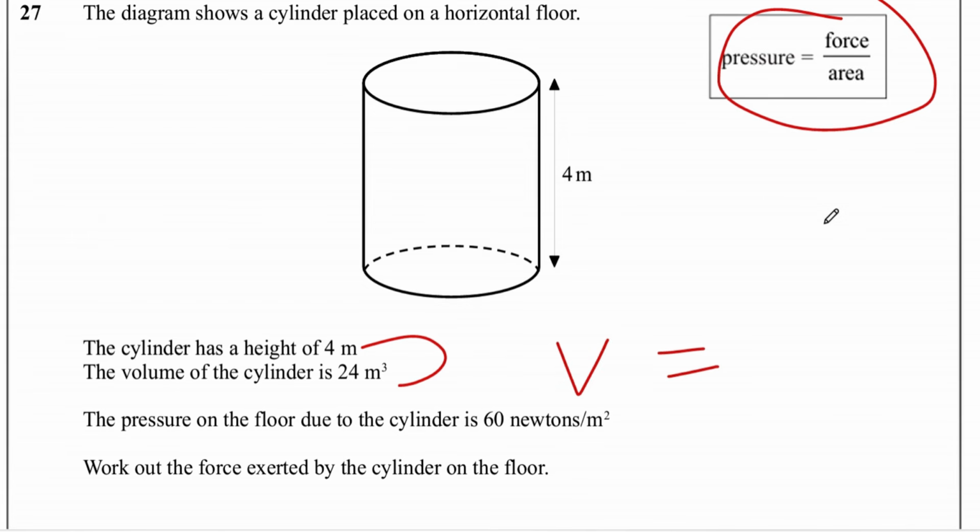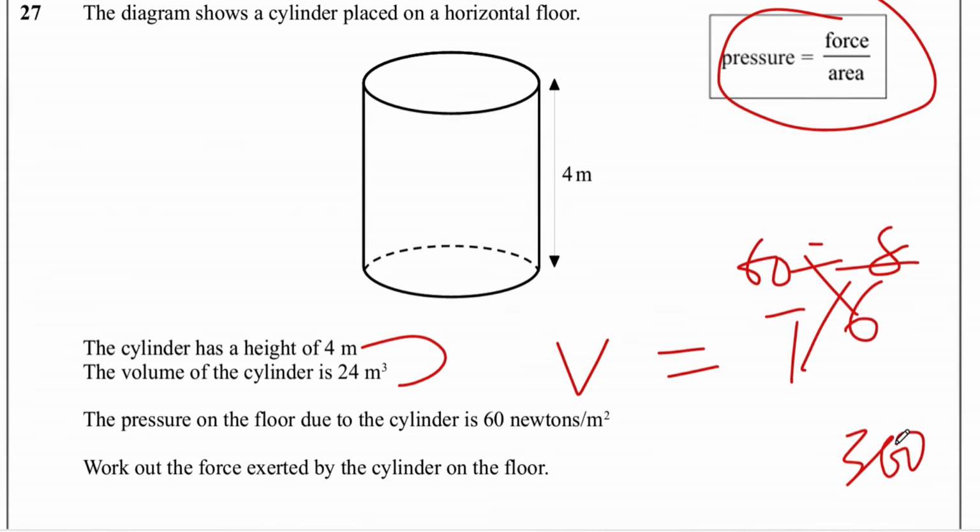Pressure is force over area. So if the area is 6 and the pressure is 60, we're looking for force. So 60 is equal to force over area. So you put the F here, cross multiply. F would be 60 times 6, which is 360.